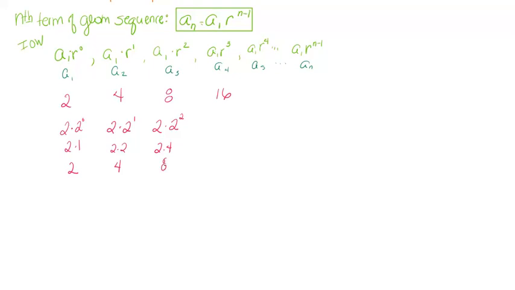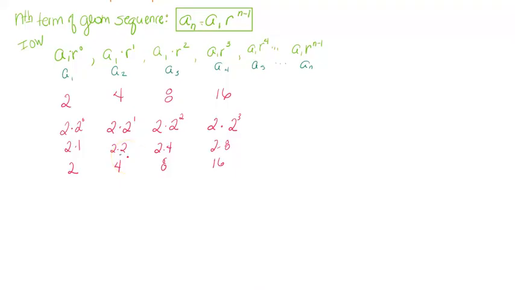See how I see it? Every single time I'm using my first term times the common ratio, which is 2, raised to, in other words, 4 minus 1, which is 3. 2 to the third is 8, so I get 16.